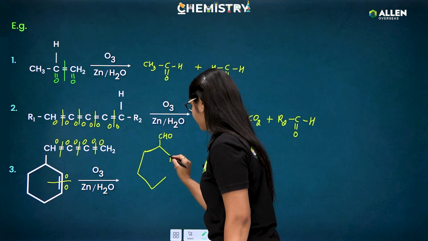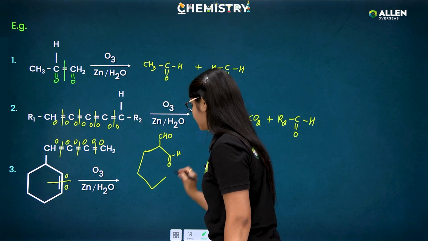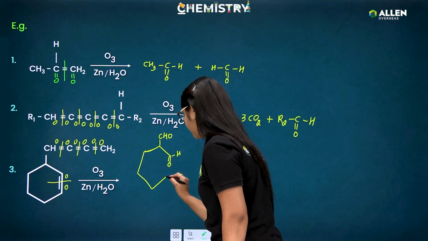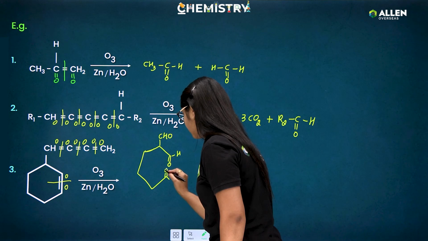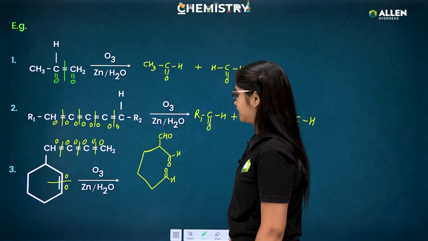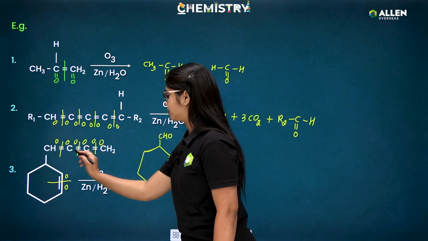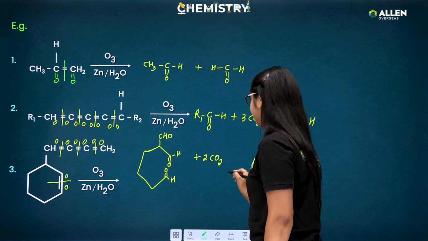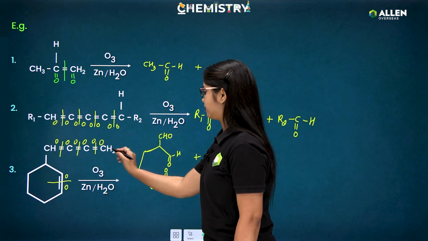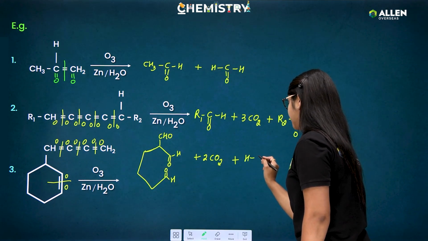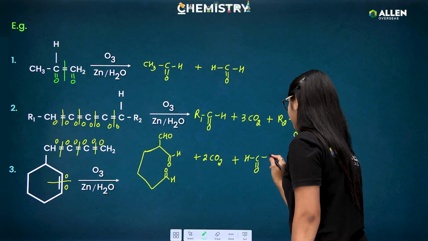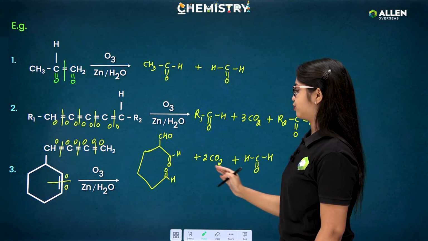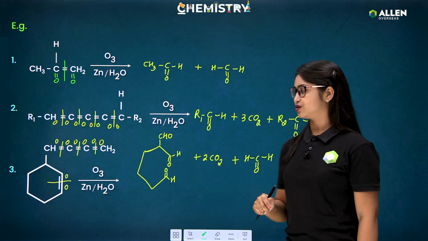On this carbon also you are getting an aldehyde group, and here also you will get the aldehyde group. These are the 2 CO2 molecules, so plus 2 CO2, plus this one will be formaldehyde, HC double bond OH. These are the products of this reactant, right?